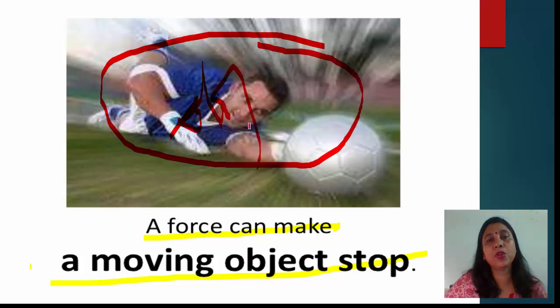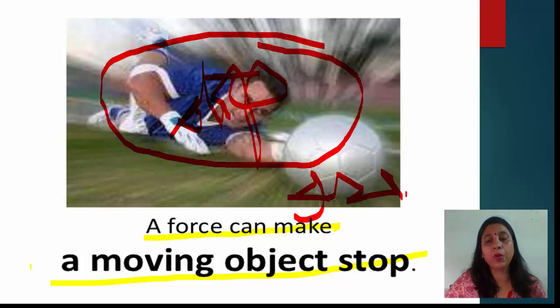He is stopping this football. Same way, the ball that was kicked started moving. When it moved through some distance, after traveling a distance, it comes to a stop. It stopped because of the force of friction.